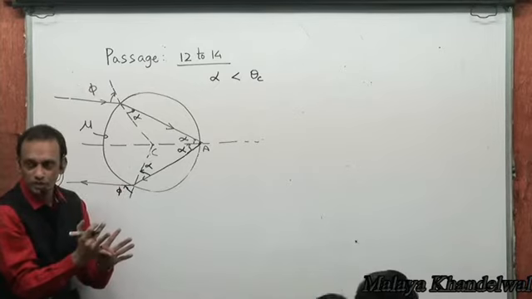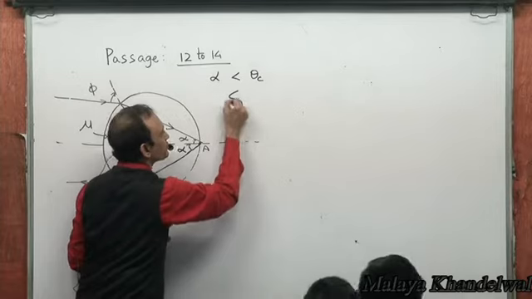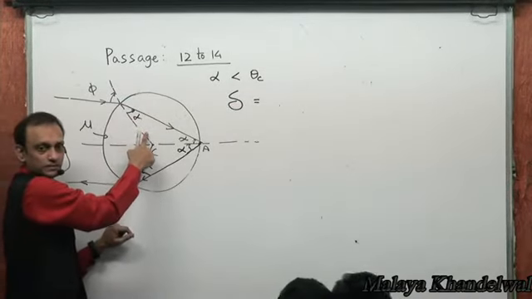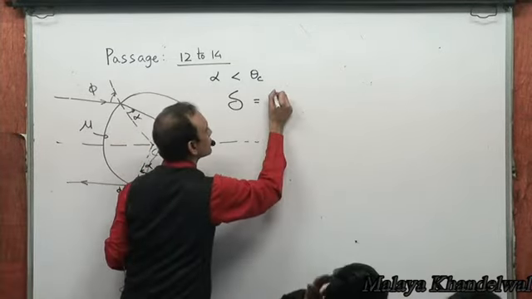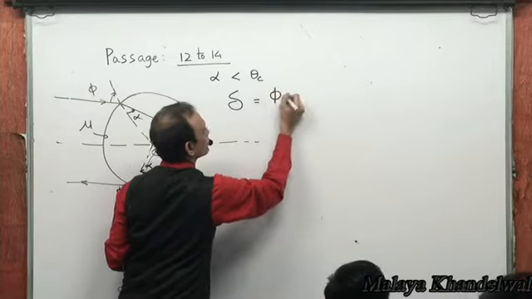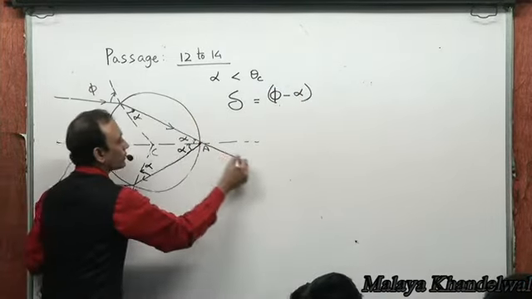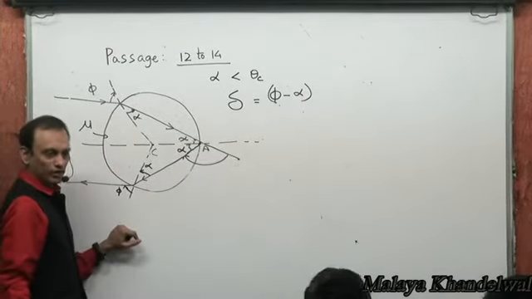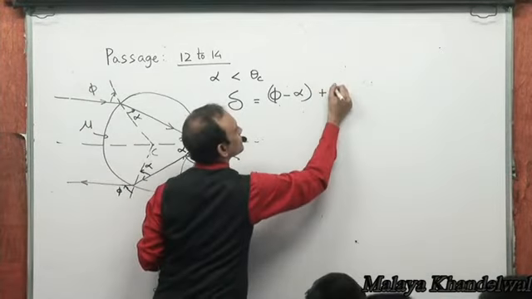Now, the total deviation produced in the process: phi minus alpha for this surface, clockwise. Then for this, pi minus 2 alpha, clockwise, isn't it?